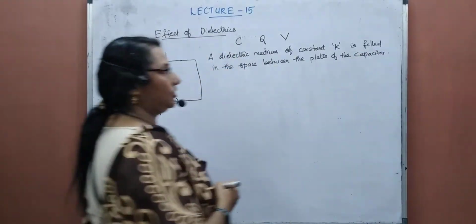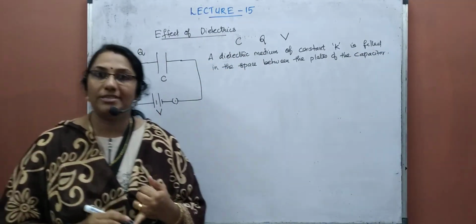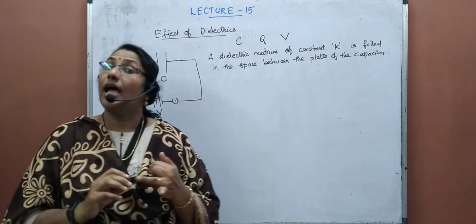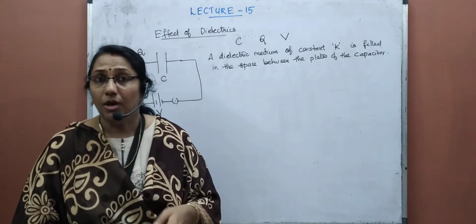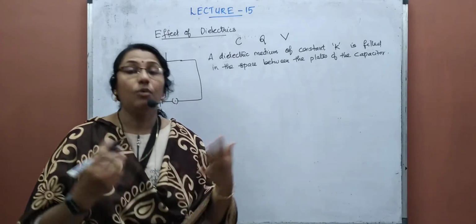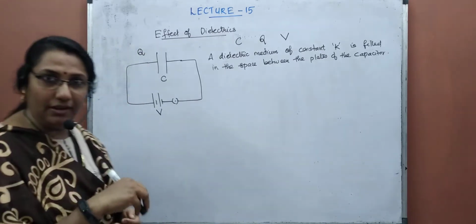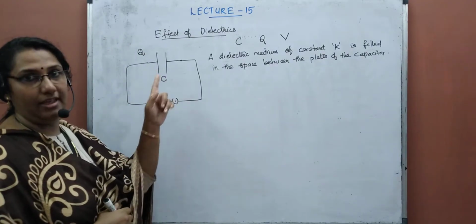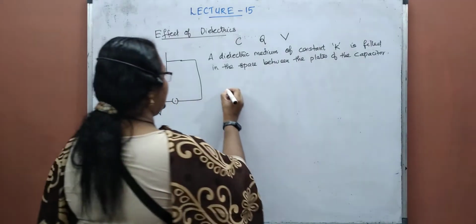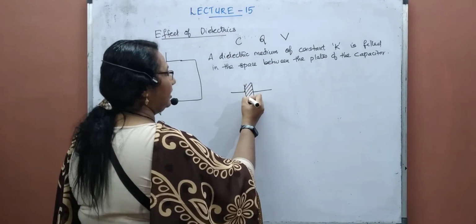You have to find, if the medium is filled, what happens to its capacitance? What happens to the charge stored? What happens to the potential? What happens to the electric field? What happens to the energy stored? If we fill a medium of constant K here, the capacitor is now filled with a medium.